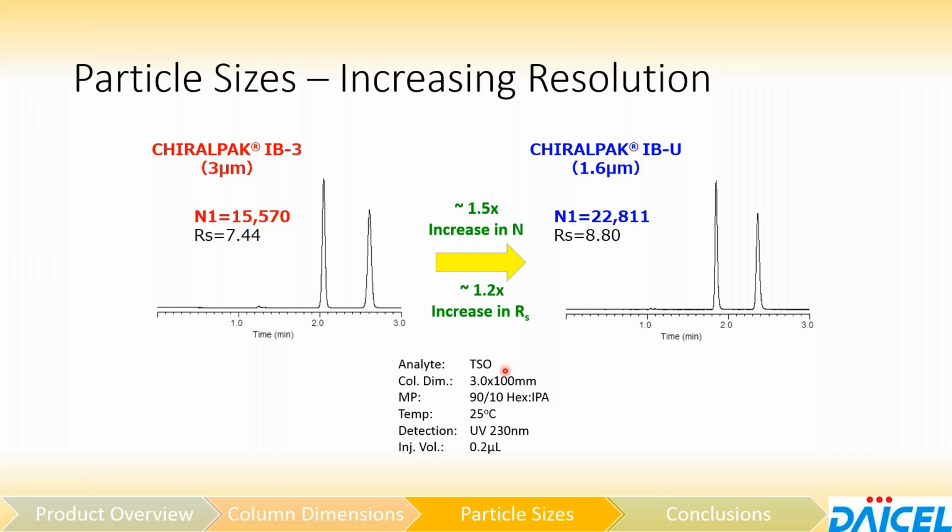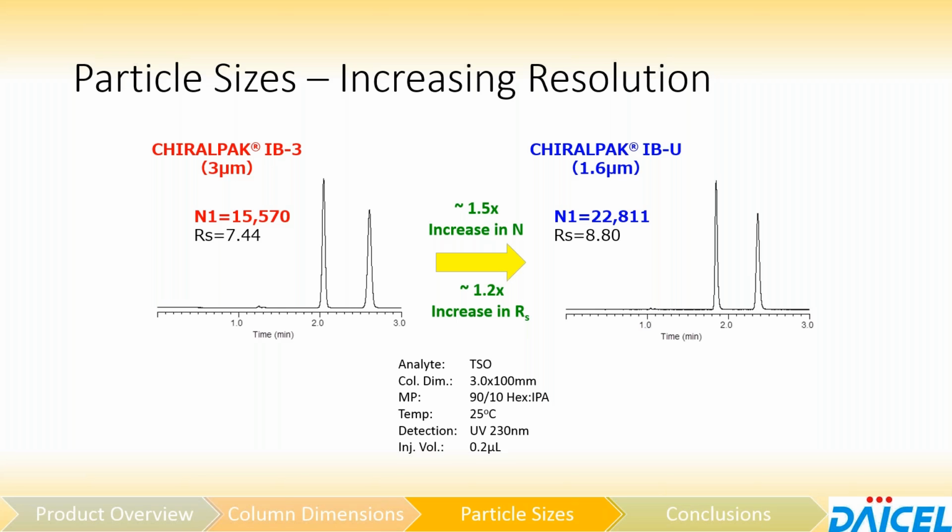If we were to pack the column and simply calculate the number of theoretical plates for Chiralpak IB3, you see that the number of theoretical plates is just a little north of 15,500. And for Chiralpak IBU, it is almost 23,000. So there's an increase in the number of theoretical plates of almost 1.5.